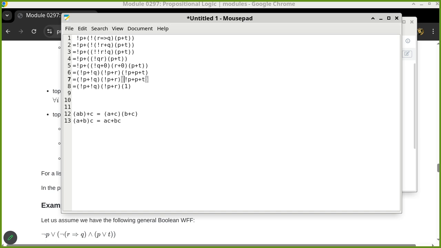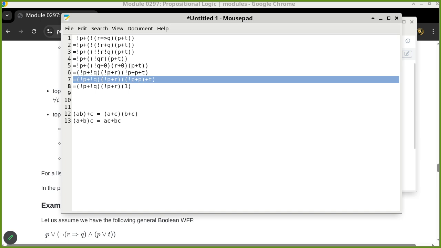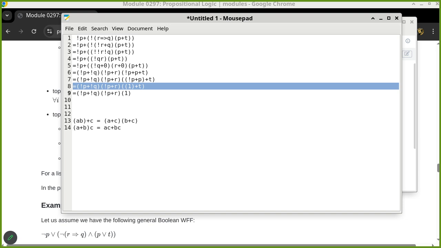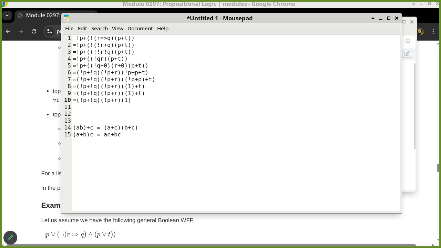So the first step is to group these two together using the associative law. And then the second step is to look at that sub-expression and say, oh, that is just true. Okay, so simplify that to true. And then the third step is to say true or whatever is just going to be true.